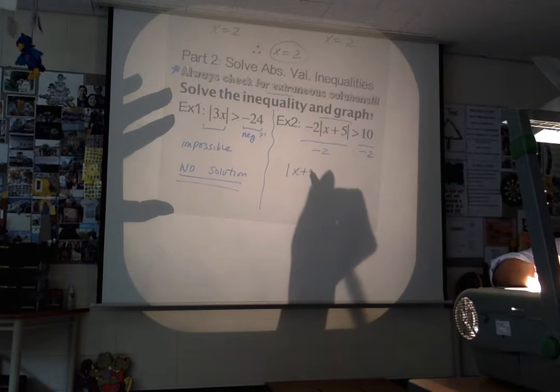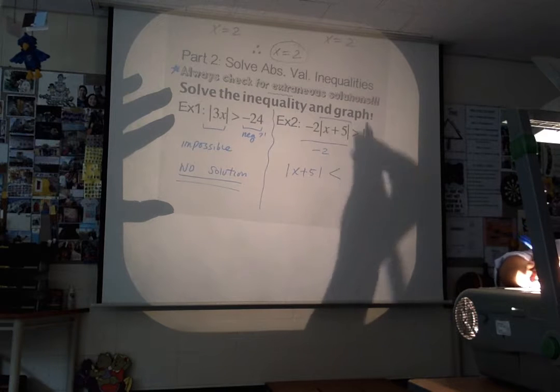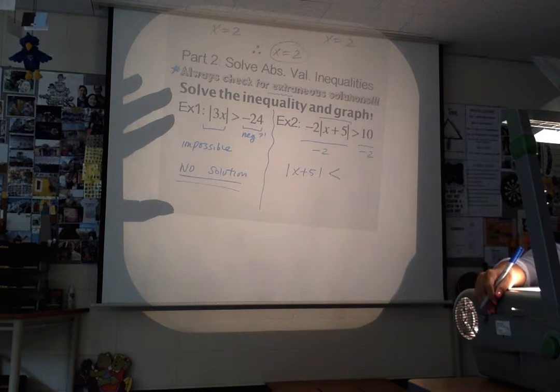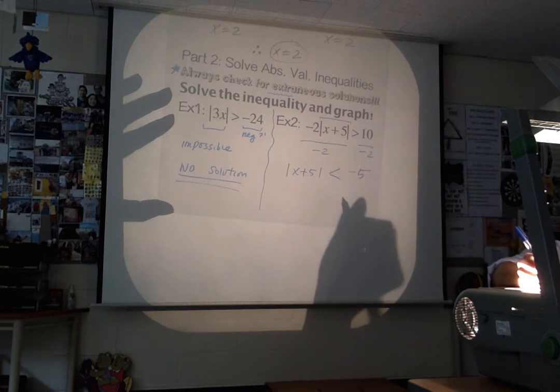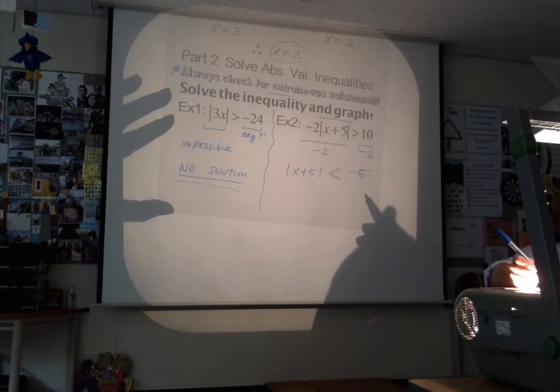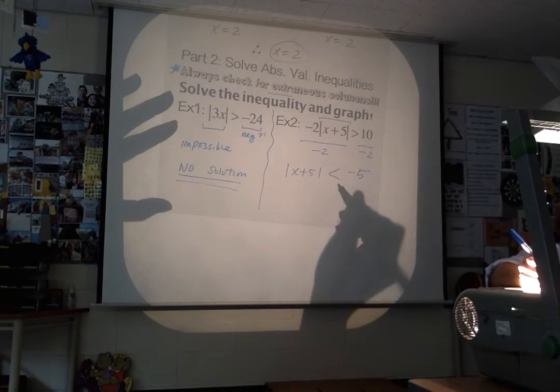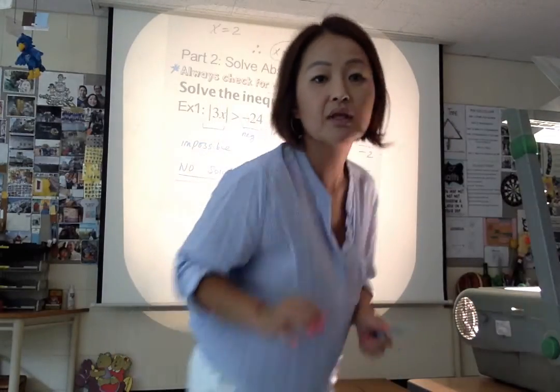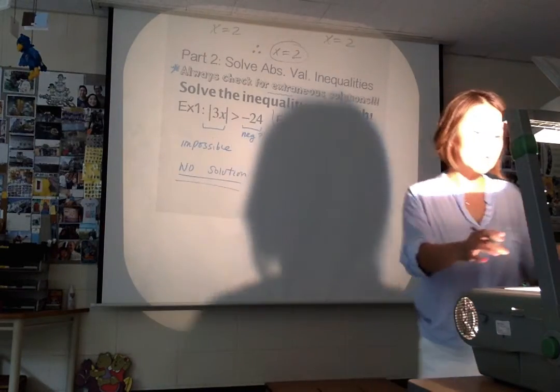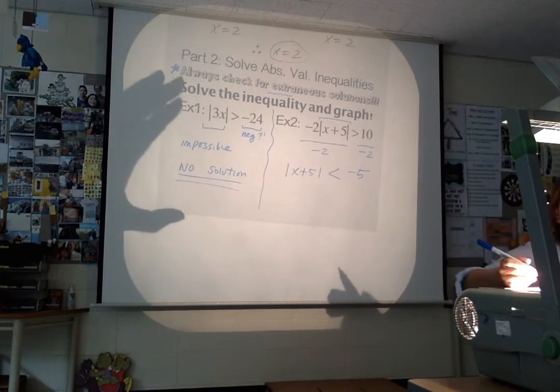Absolute value of x plus 5 is less than, because you have to flip the inequality since we divided by a negative, negative 5. But now look, absolute value is less than a negative again. That's not possible.